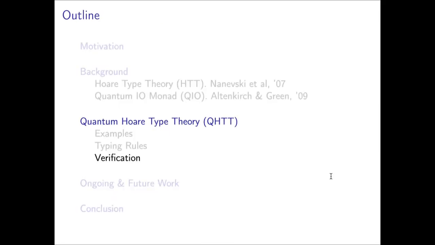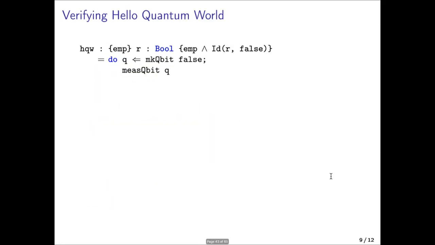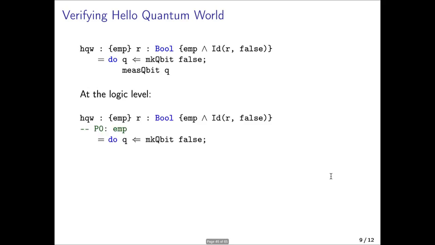Now let's talk about how the verification will work. So our Hello Quantum World program is reproduced as before, and let's step through what is happening at the logic level. So we start out in the precondition emp, which is specified in the type.